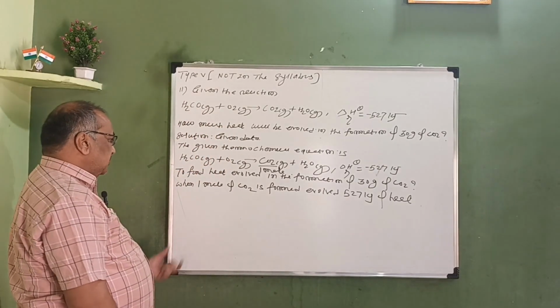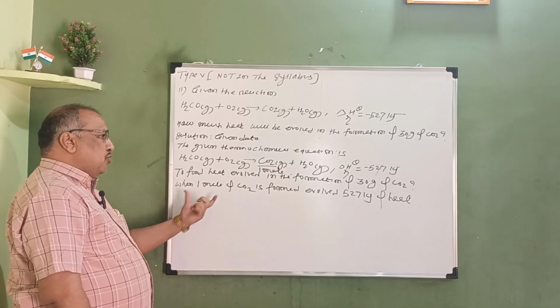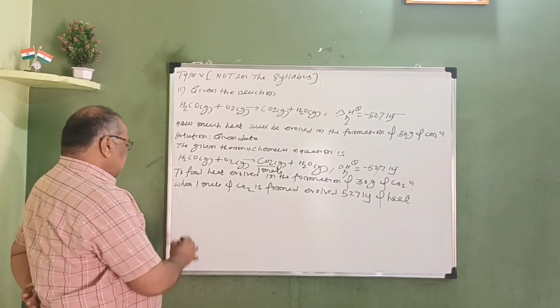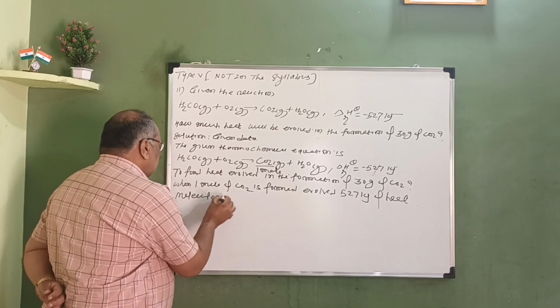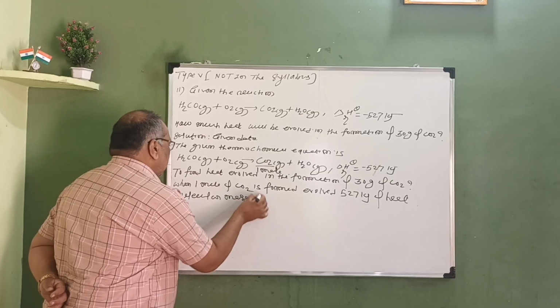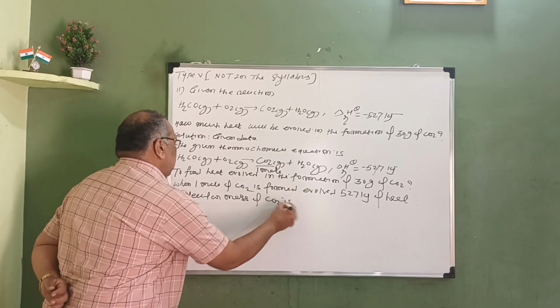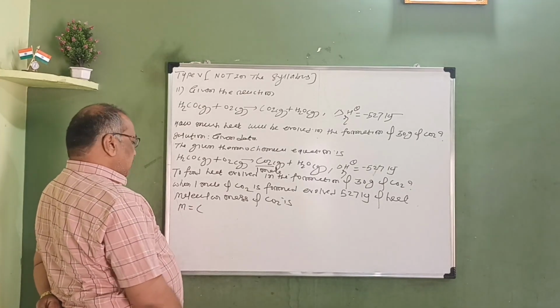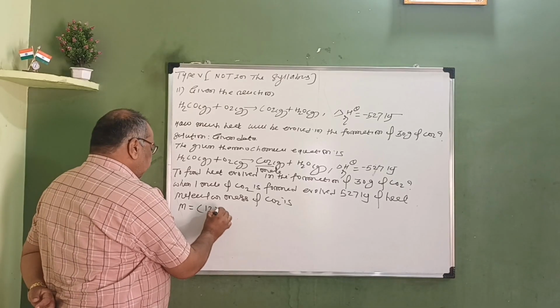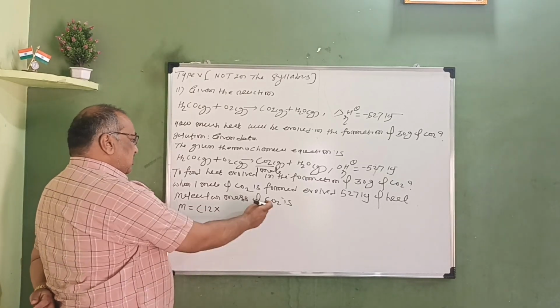Now convert this 1 mole into molecular mass. That means here molecular mass of CO2 is, what is the atomic mass of carbon? 12. But how many carbon atoms are there? 1.